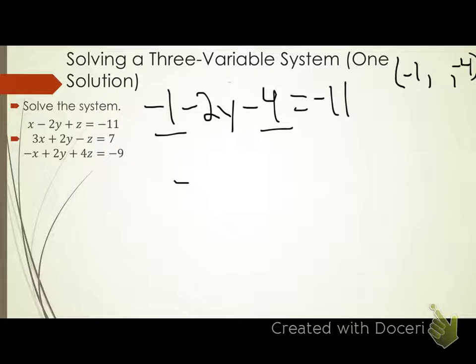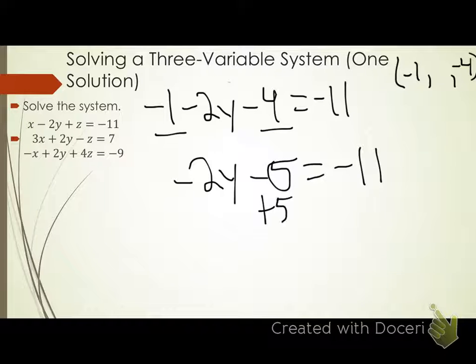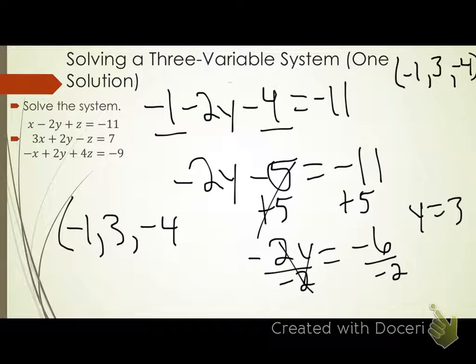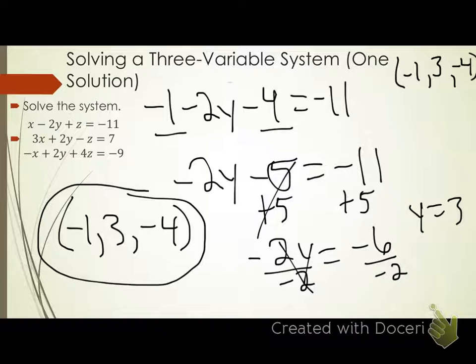Combining my like terms, I get negative 2y minus 5 equals negative 11. Add 5 to both sides. Negative 2y equals negative 6. Solving for y, I get y equals 3. So my answer here would be negative 1, comma 3, comma negative 4. That would be my ordered triple for example 2.